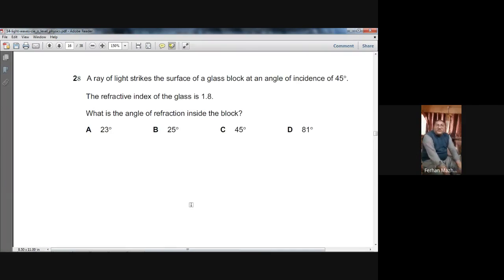A ray of light strikes the surface of a glass block at an angle of incidence of 45 degrees. The refractive index of the glass is 1.8. What is the angle of refraction inside the block? Let me show you how we do this.